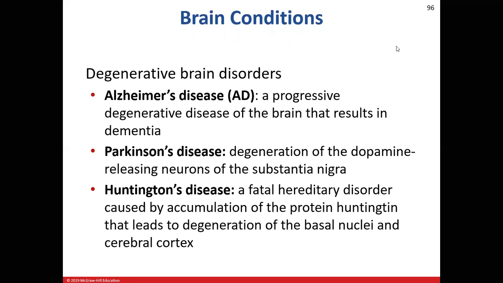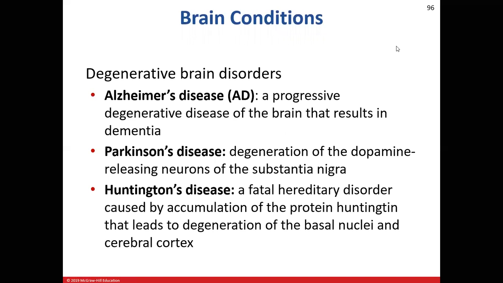Now, we also have some degenerative brain disorders. And one of the most common ones is Alzheimer's. Now, Alzheimer's disease is a progressive degenerative disease of the brain that typically results in dementia. And again, as it progresses, it does become a fatal disease. Parkinson's is the degeneration of the dopamine-releasing neurons of the substantia nigra.